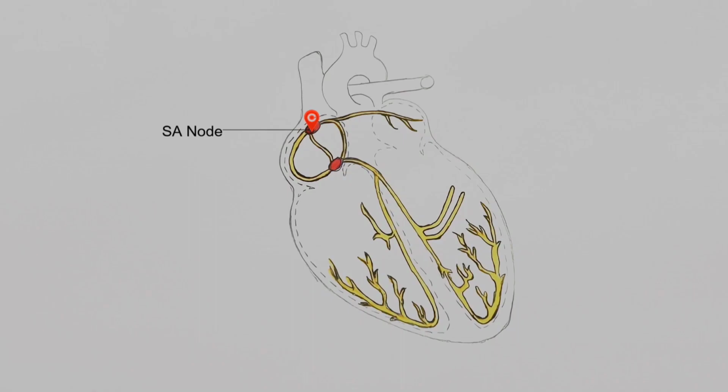First of all, how conduction occurs. The impulses are generated from the SA node, which is the pacemaker of the heart. Here, the atria get contracted. From the SA node, impulses are transmitted to the AV node through three internodal pathways. The anterior internodal tract is named Bachmann, which transmits impulses to the left atrium.